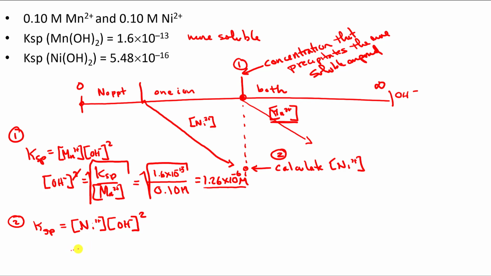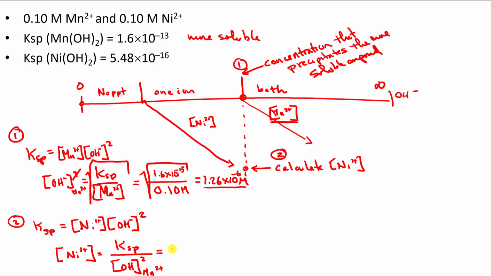And then I'm going to write the concentration of nickel is equal to KSP divided by the concentration of hydroxide squared. And I'm going to make this distinction so it's clear where this is coming from. This is the one that's causing the manganese to precipitate.